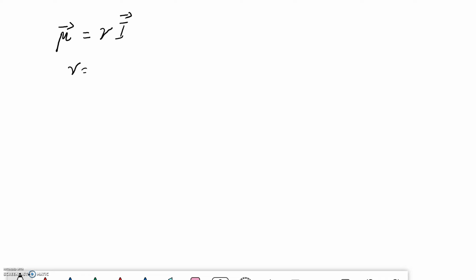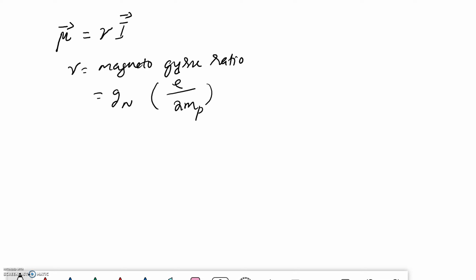And gamma is called the magnetogyric ratio, or gyromagnetic ratio, and its value is Gn e divided by 2mp, where Gn is the nuclear g factor.